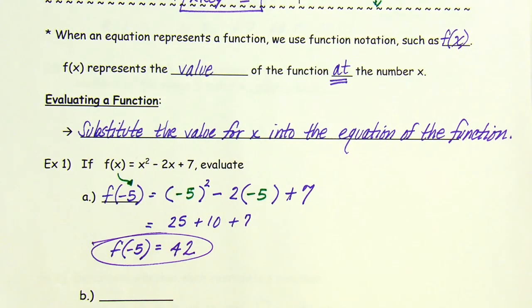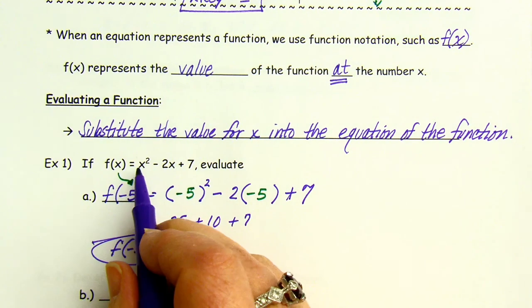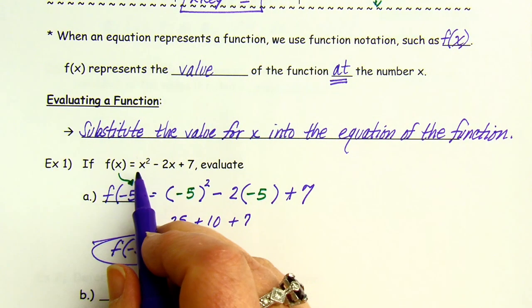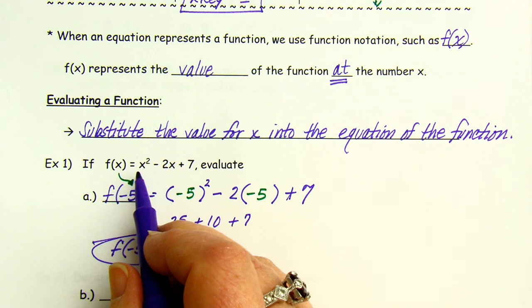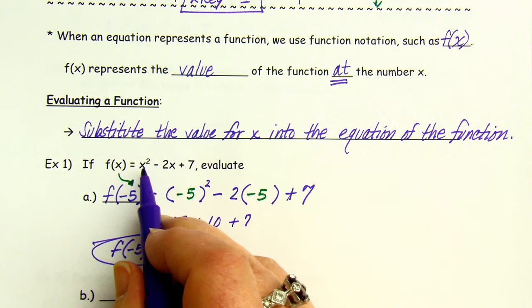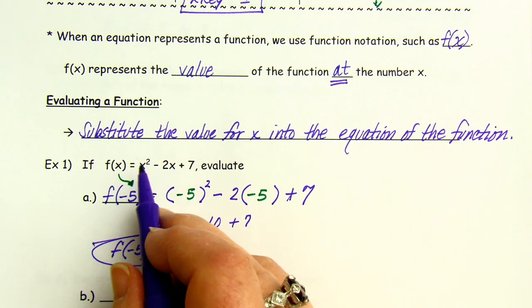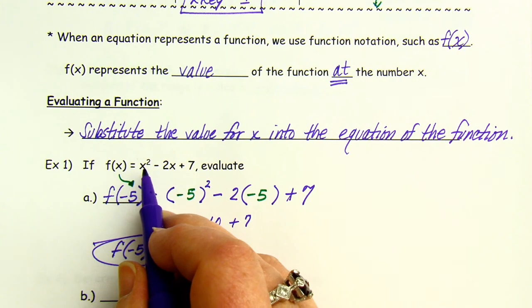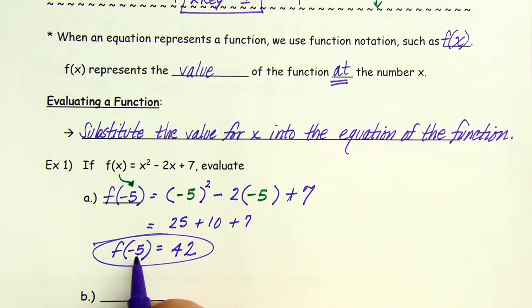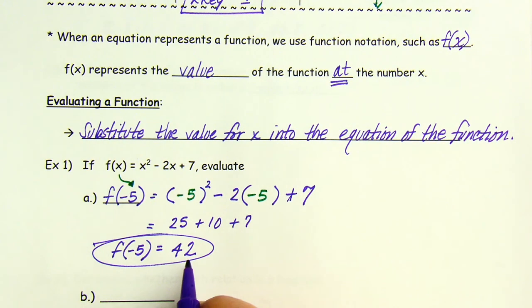Okay, so on the graph of this parabola, when x is -5, the y value is 42. Now, this is a parabola that opens up, so my vertex is going to be a minimum point, right? Leading coefficient's positive, the parabola opens up. So, on the graph of this function, when x is -5, the y value is 42.